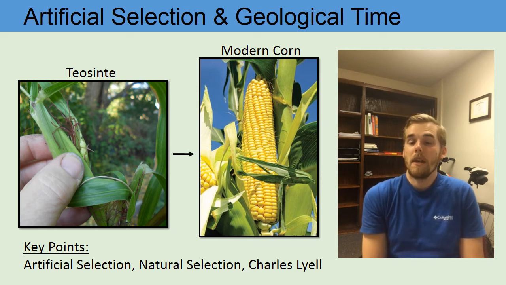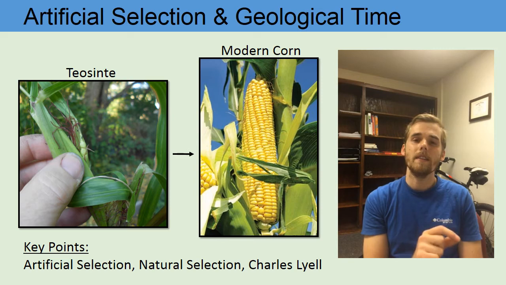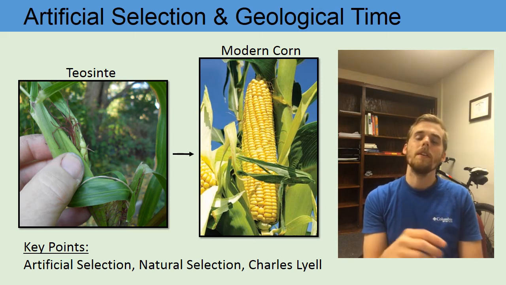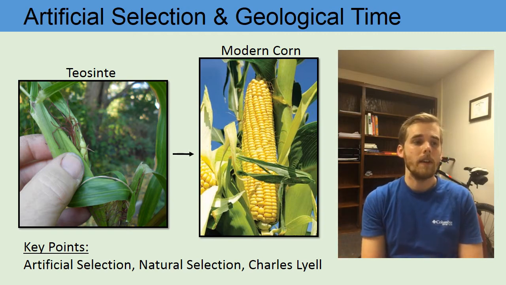And this is basically the process of artificial selection. You're artificially selecting for traits or characteristics of interest so that the next progeny will have more of those traits. It turns out that this is the ancestor to corn.